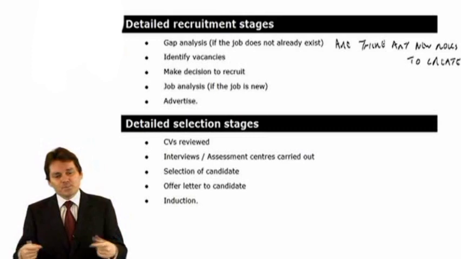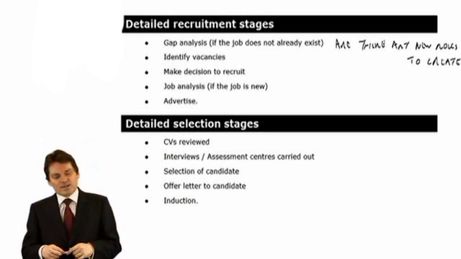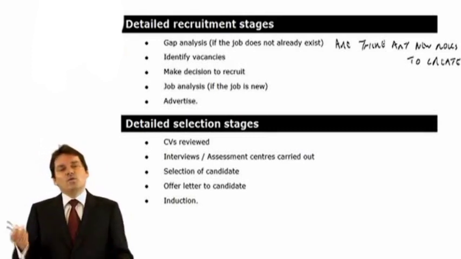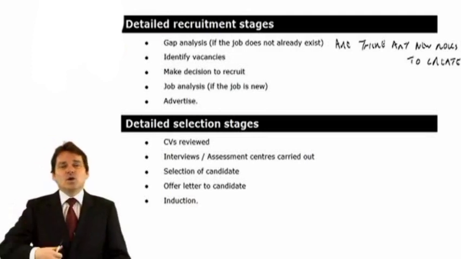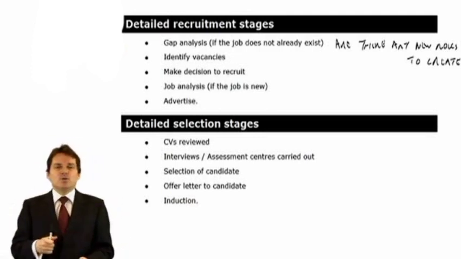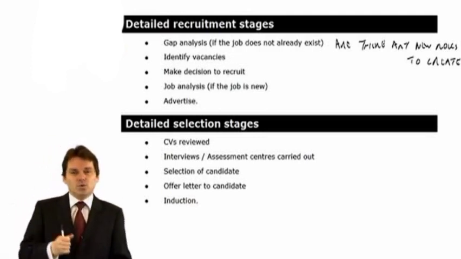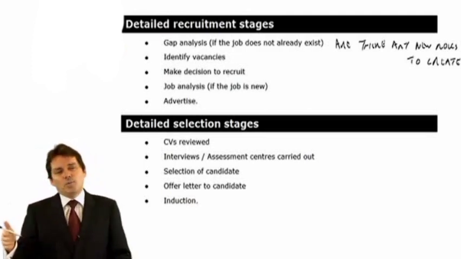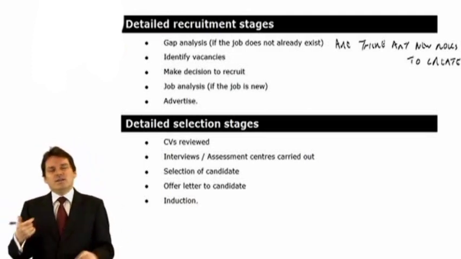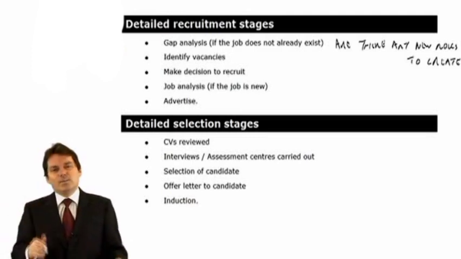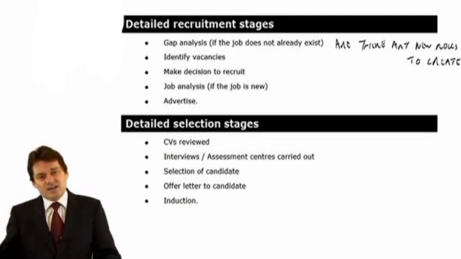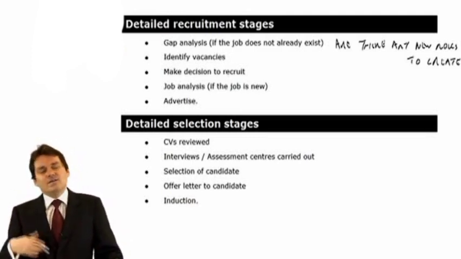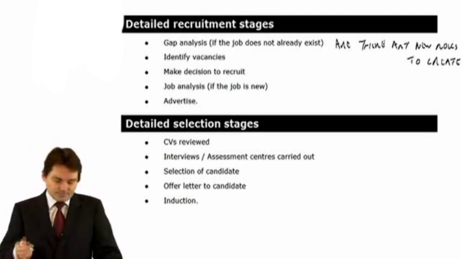It could also be a physical gap from the point of view of perhaps we are expanding. So we have got somebody who does a particular job in the UK. We are going to open up another office in the Far East. We will need somebody to do the same work, but in a different location. So again, there would be a gap there.